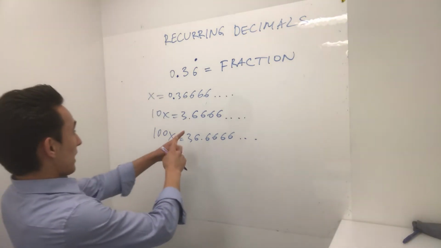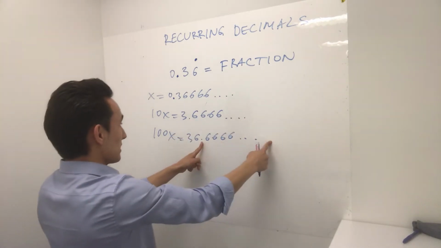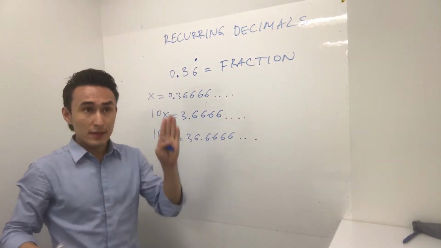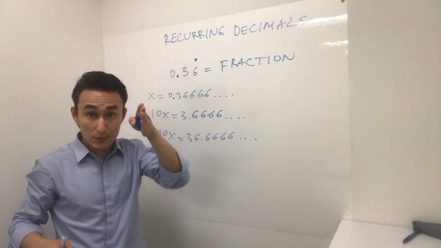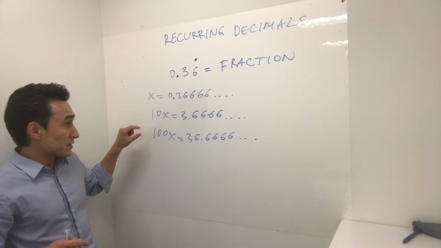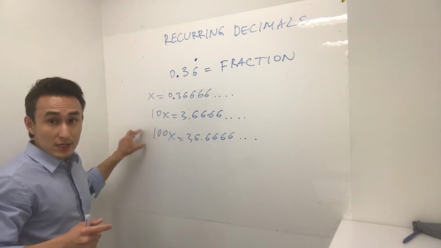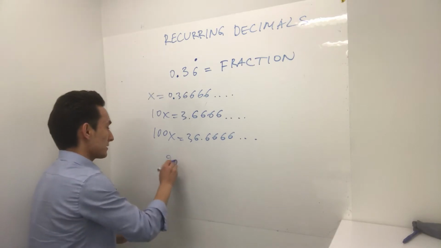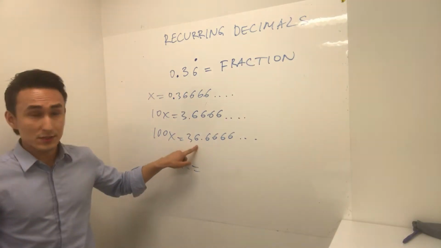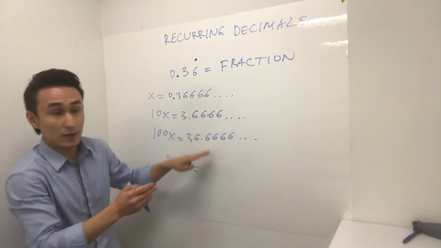Now what we observe here is the following. After the dot we have 666 and after the dot here we have 666. So they are equal, right? Meaning that after the decimal point we have equal parts in 10x and 100x. That means if we subtract 100x minus 10x, 100x minus 10x is 90x. How about 36.666 minus 3.66666? The decimal parts will cancel out.